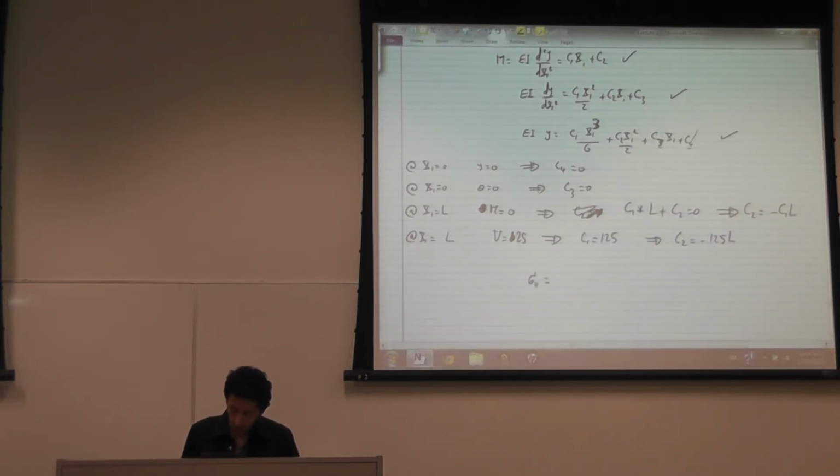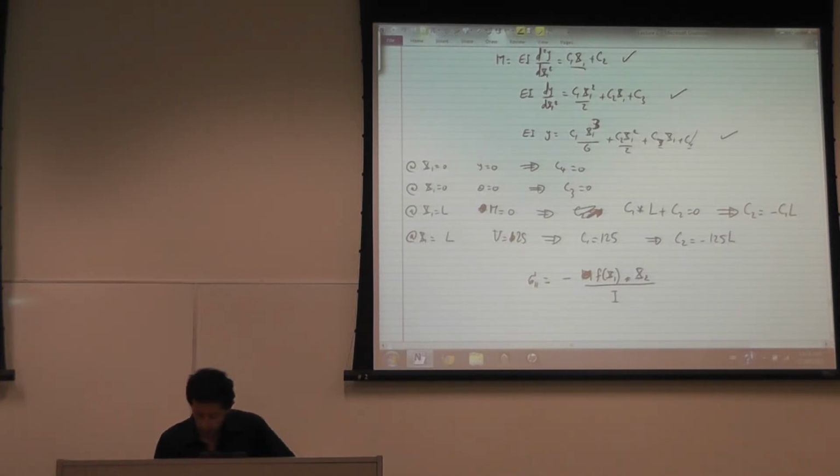Sigma 1 is equal to negative M, which is a function of x1, multiplied by the height away from the neutral axis, which is x2, divided by I, which is a constant.